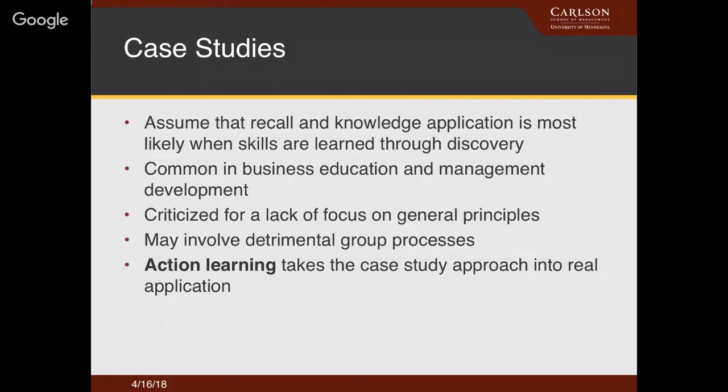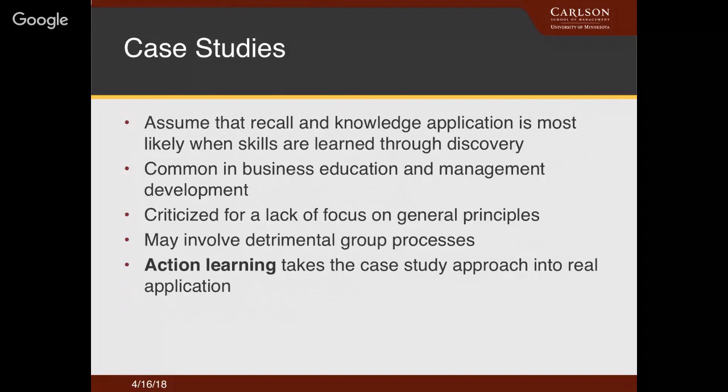We see a lot of criticism around the case study method for a lack of focus on general principles. One argument that I often make against using them, or at least the overuse of them, is a lot of times the information is so specific, how a given company dealt with a specific pressure point or change, that the way that would be best for that organization to respond, or the best solution in that context, may not be the best solution in another context.